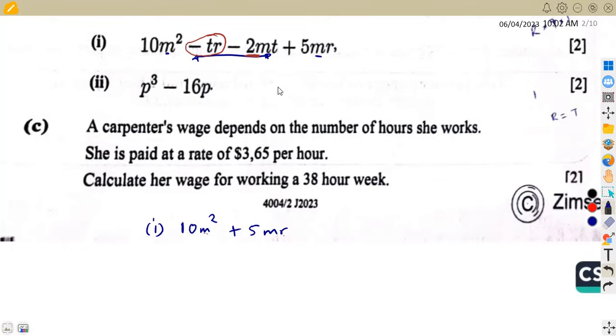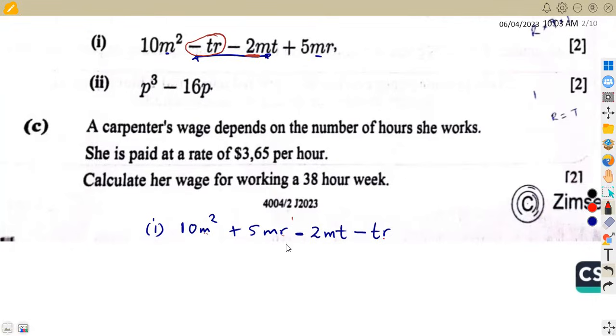So here we are going to start with this term, which is negative 2mt. In this case, negative 2mt, followed by negative tr, so that it follows the same order that we have. We've got r here, we've got r here. So this can make sense.